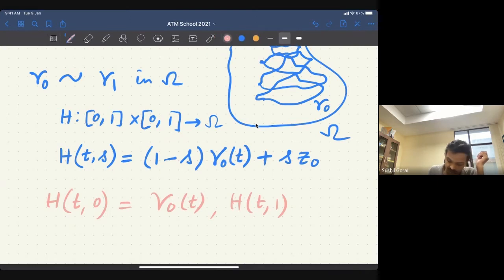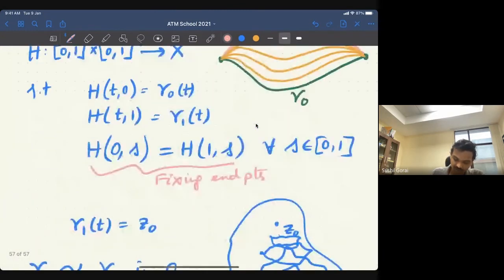So what you get is z naught, which is gamma 1, right? And that's it. That's what you want. H is continuous and has this property, right? So is this clear?